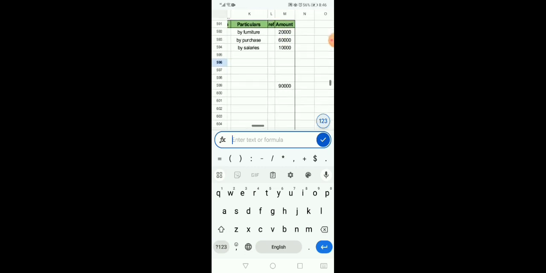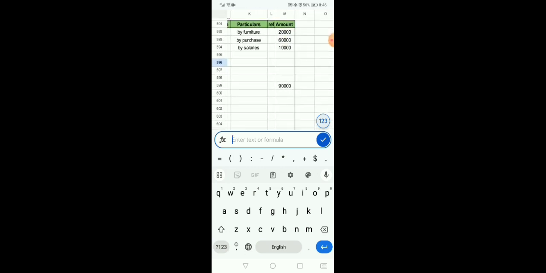First step. Now second step is you will leave one line after completion of all entries to be posted in ledger. You will leave one line, and after one line you will put total over here. Which total will you post here? Total of debit side is 180,000, total of credit side is 90,000.